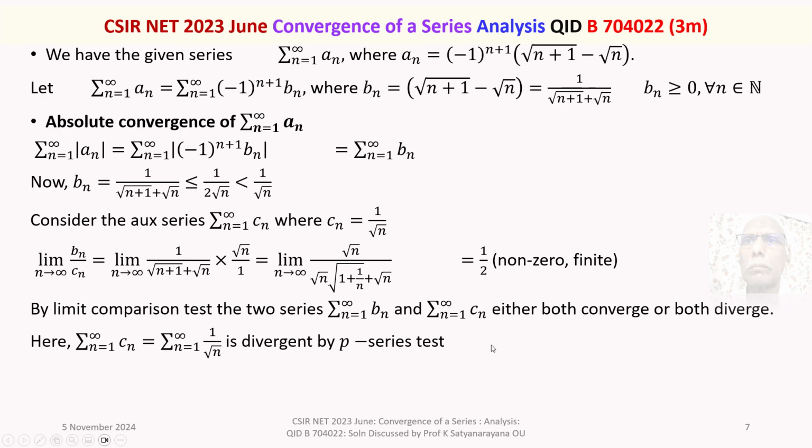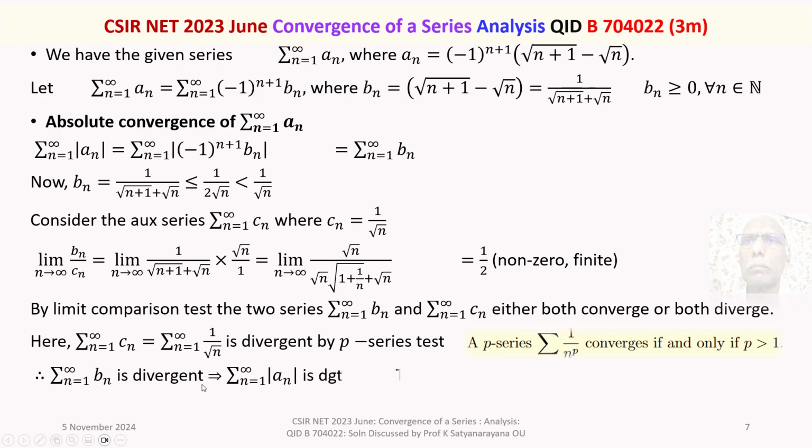Recall, a P series sigma 1 by n to the power of p converges if and only if p is greater than 1. Here p is 1 by 2, less than 1. Therefore, it is divergent. So sigma bn is also divergent.